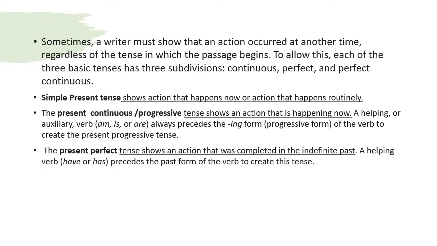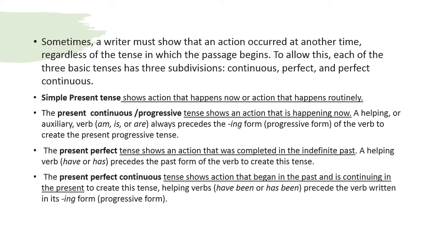Now the present perfect tense shows an action that was completed in the indefinite past. So it's something that is completed but we do not know when it was actually completed. And to denote the perfect tenses, we use the helping verb has or have. And they always precede the past form of the verb to create this tense.